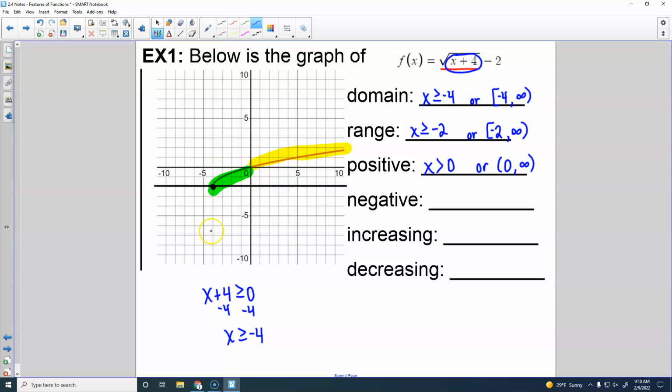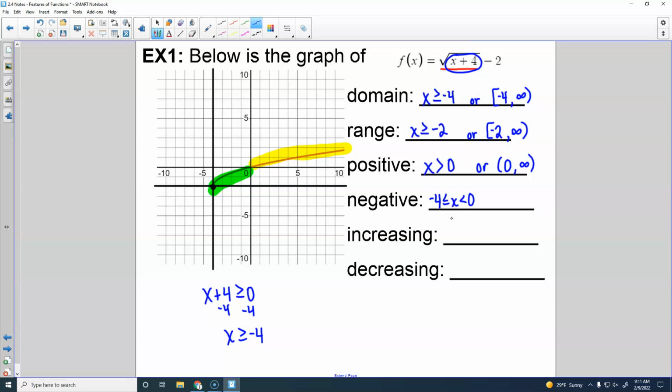So if I'm looking at what's happening here, this function is negative from where it starts, which is at -4, up to 0 right here. So I'm thinking x coordinates. So if I'm going to write that with inequality notation, it'll look like this. -4 is less than or equal to x less than 0.